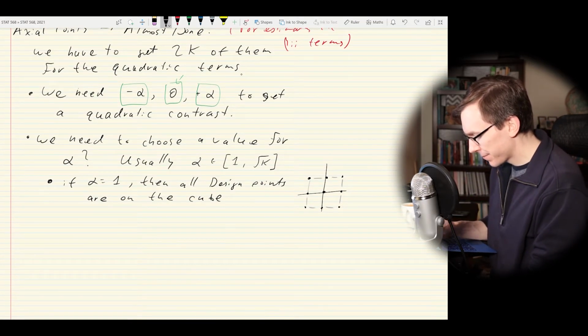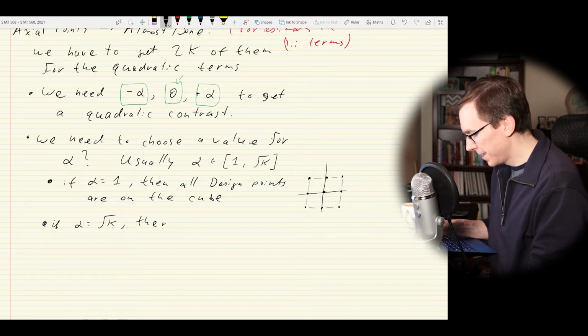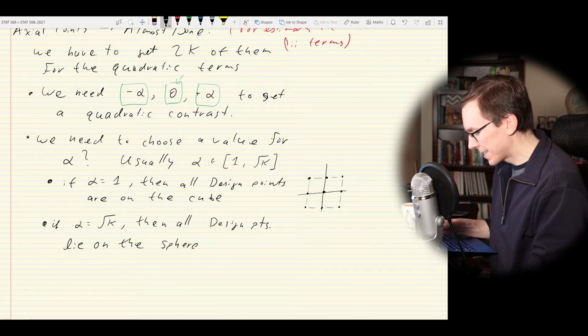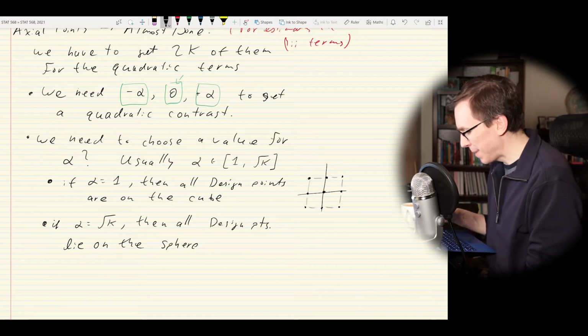If alpha is equal to the square root of k, then all design points lie on the sphere, or I guess the hypersphere in k dimensions.